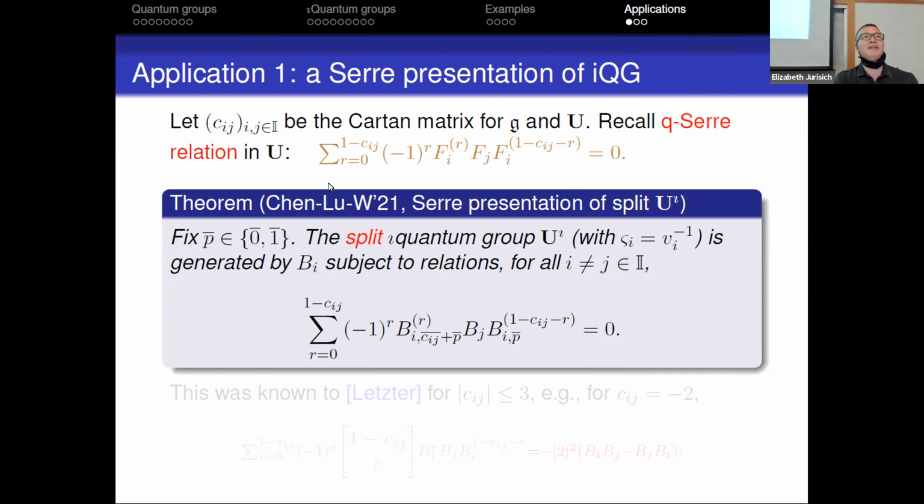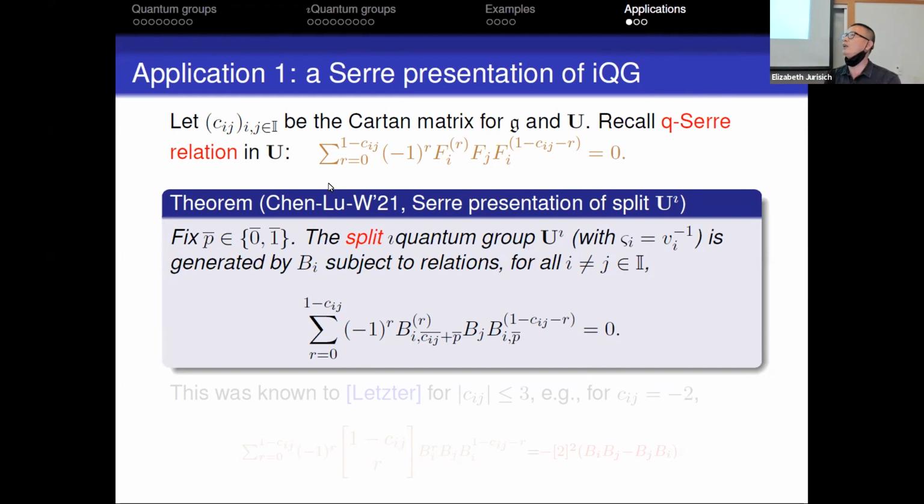Those indices depend on the parity. The parity on the first divided power and the last divided power are different. They pass through the middle B_j, so the parity gets changed by the parity of the Cartan integer c_ij. But you can take p to be 0, the even, this formula is true.